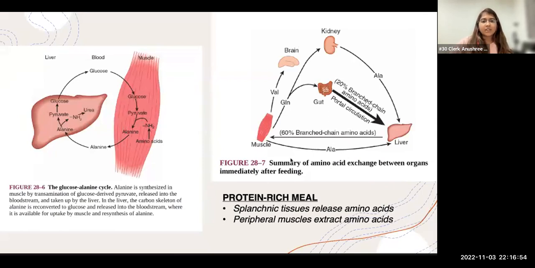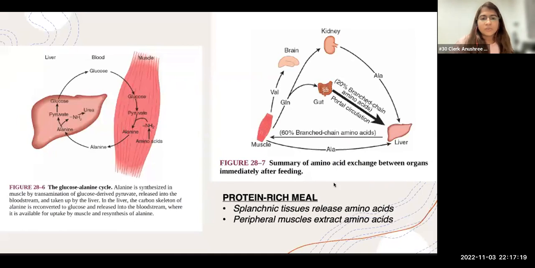We are talking about immediately after eating. So what happens in the gut? 20% of the branched-chain amino acids go via the portal circulation to the liver. From the liver, 60% would go to the muscle for the cycle to continue, because alanine is coming from the muscle, you can see.